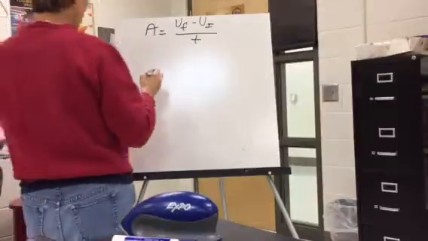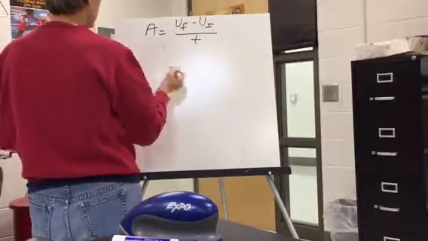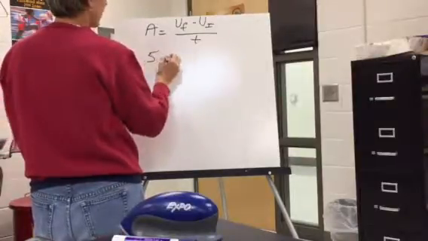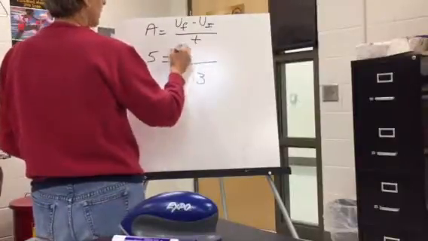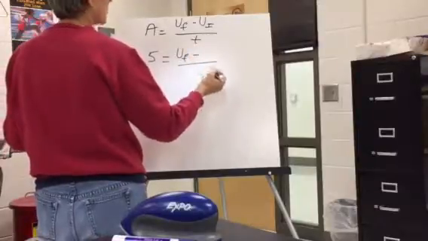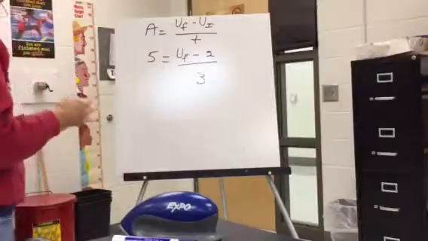We had a few problems where they asked for the VF or the VI. Now let's make up these numbers again. Let's say acceleration is 5 and time is 3 seconds, and we want to know the VF, and the initial velocity was 2.